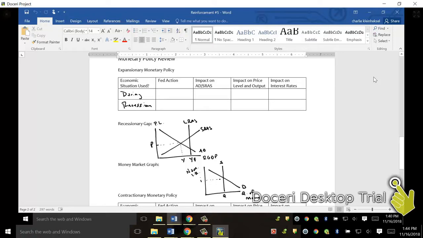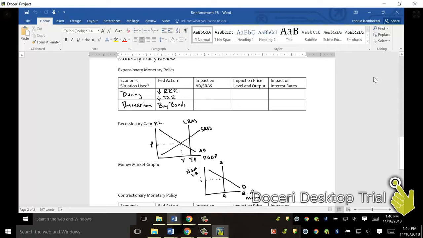The Fed can decrease the reserve ratio, so decrease the required reserve ratio. They can decrease the discount rate, or the third tool is the Fed can buy bonds.